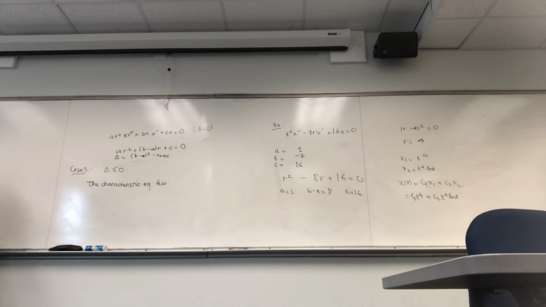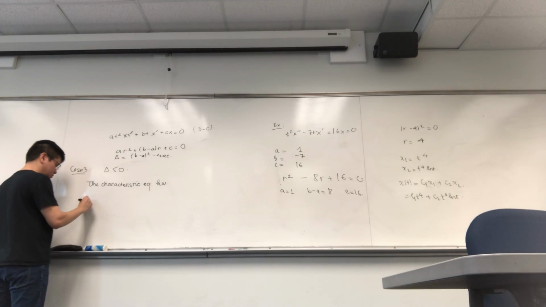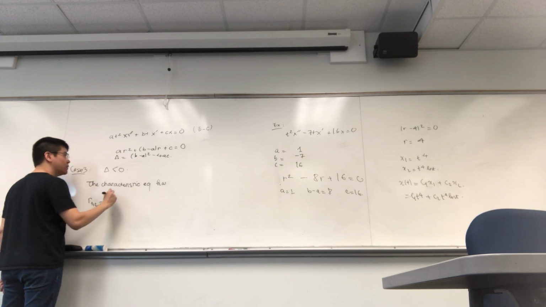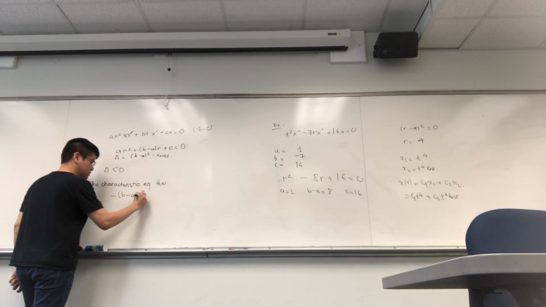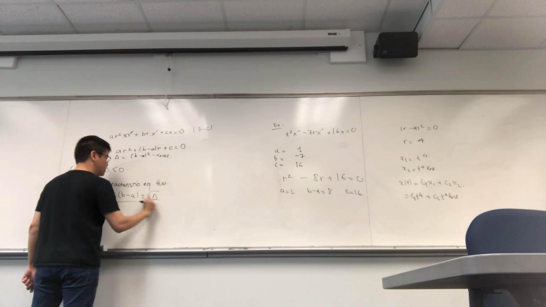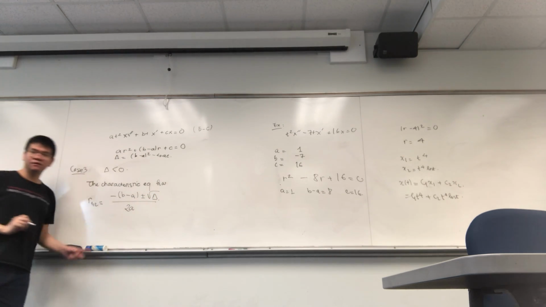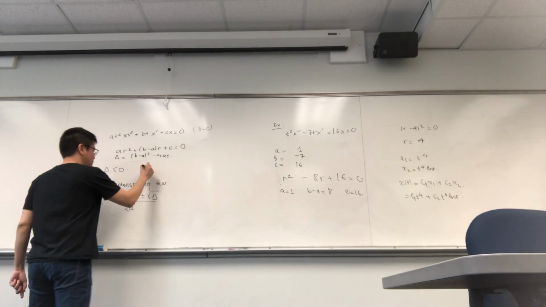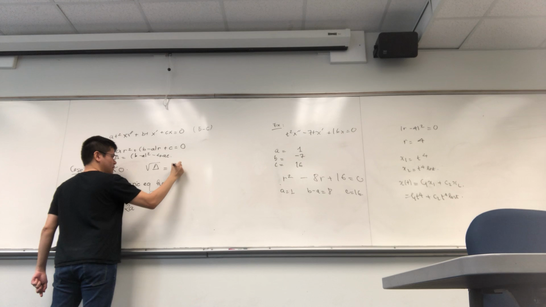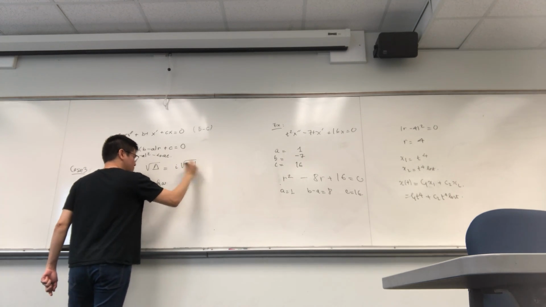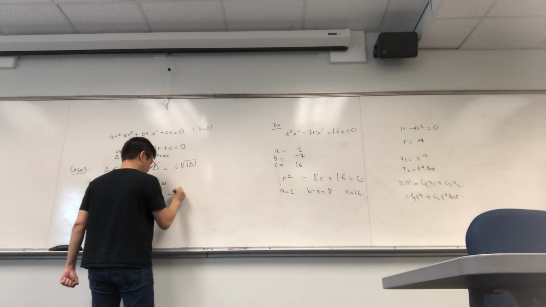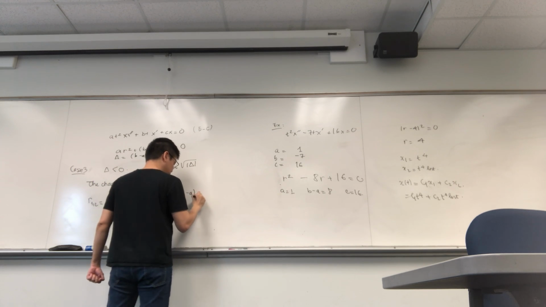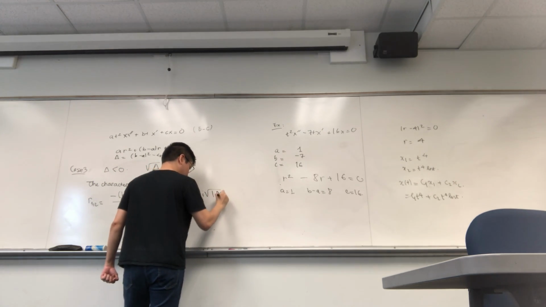So you have r1 and r2 will be minus (b minus a) plus or minus square root of delta over 2a. But this delta is negative, right? So because delta is negative, the square root of delta will be i times the square root of the absolute value of delta, right? So in this case, you have minus (b minus a) plus or minus i square root of the absolute value of delta over 2a.